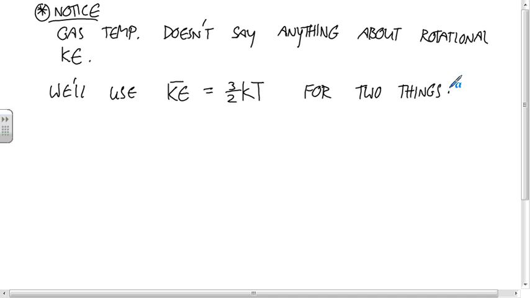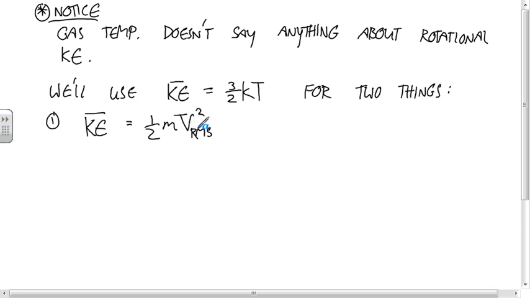The first is we can use it to figure out the speed of the molecules. So the translational kinetic energy of the average molecule is equal to 1/2 m times a speed squared.